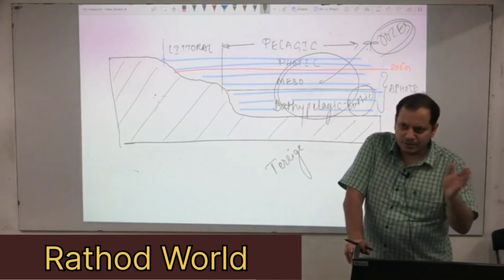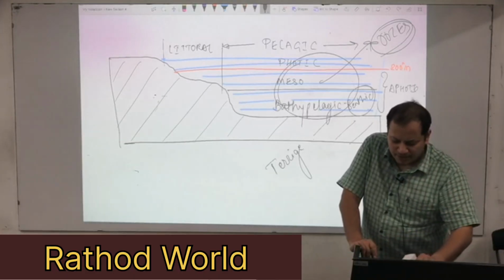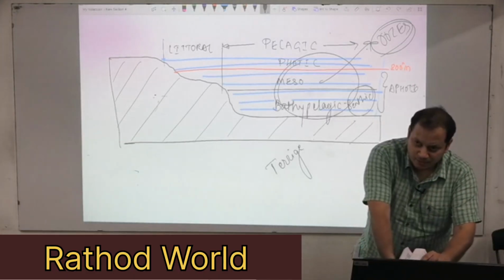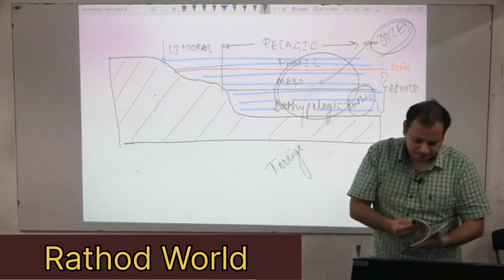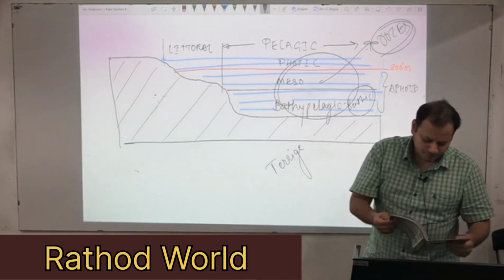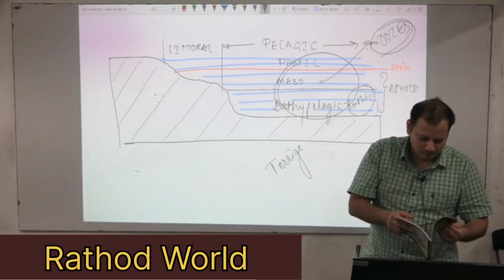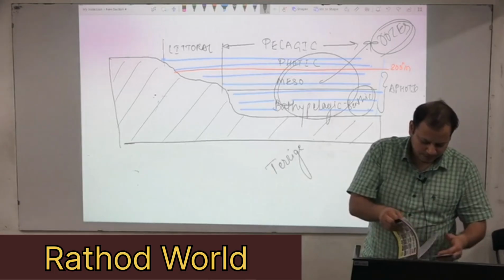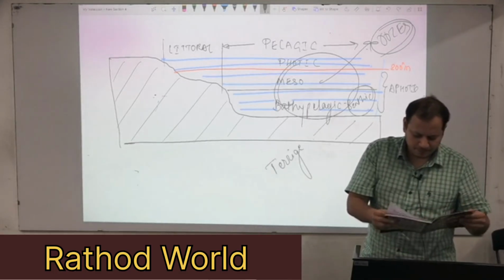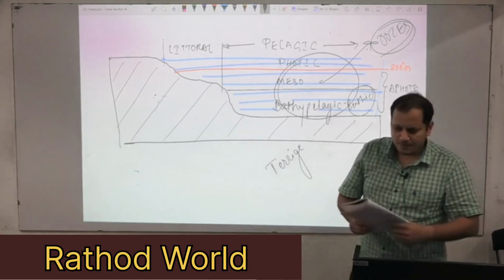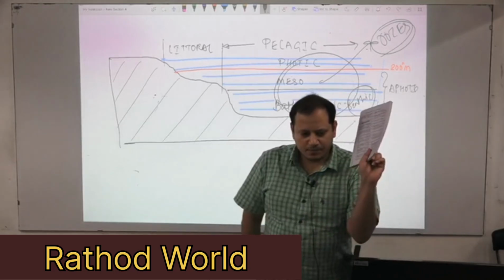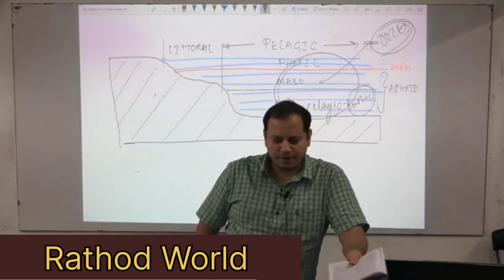We will divide it into three parts. Just before that, open the past year question booklet. I just want to tell you how the questions are. Come to the first question of oceanography.